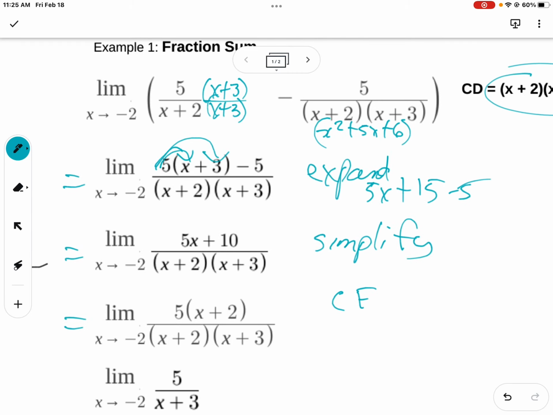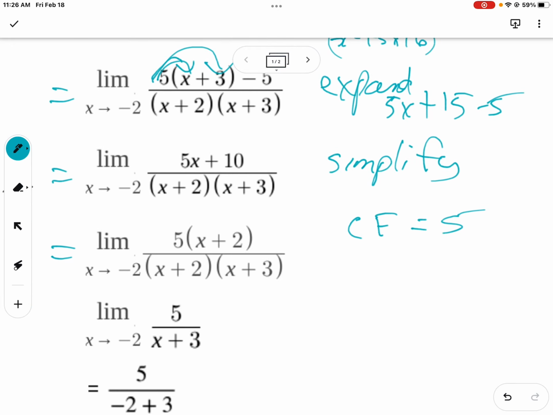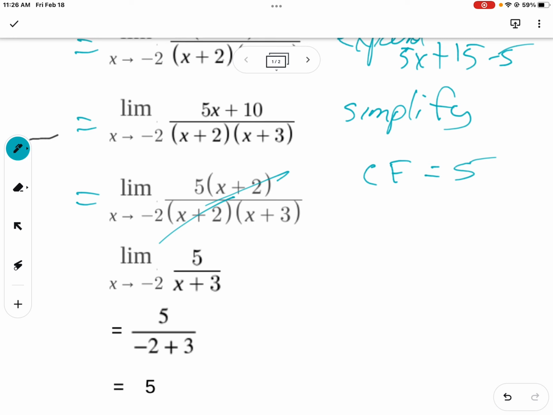So I've got 5x plus 10. The common factor there is 5, so I common factor out the 5: 5 bracket x plus 2. Well, look at that. x plus 2 divides out with x plus 2, and I'm left with 5 divided by x plus 3.